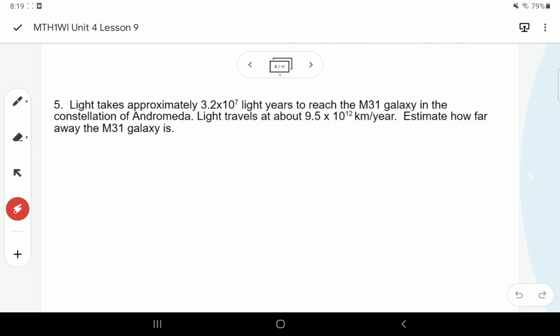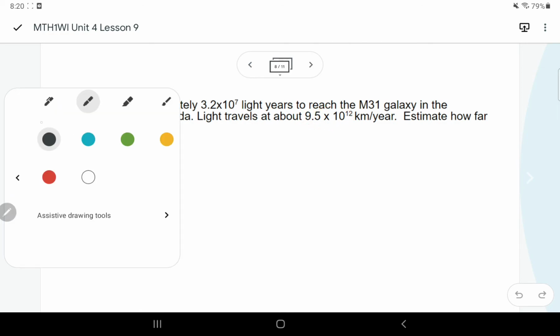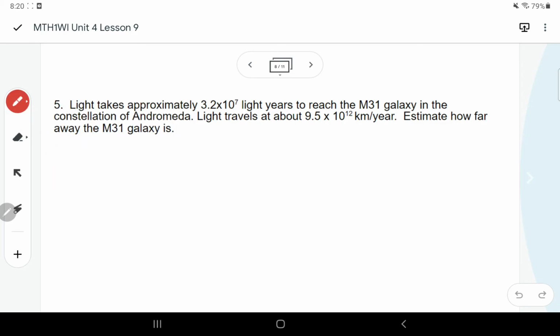So here, this problem says light takes approximately 3.2 times 10 to the 7 years to reach the M31 galaxy and constellation of Andromeda. Light travels about 9.5 times 10 to the 12 kilometers per year. Estimate how far away that galaxy is.